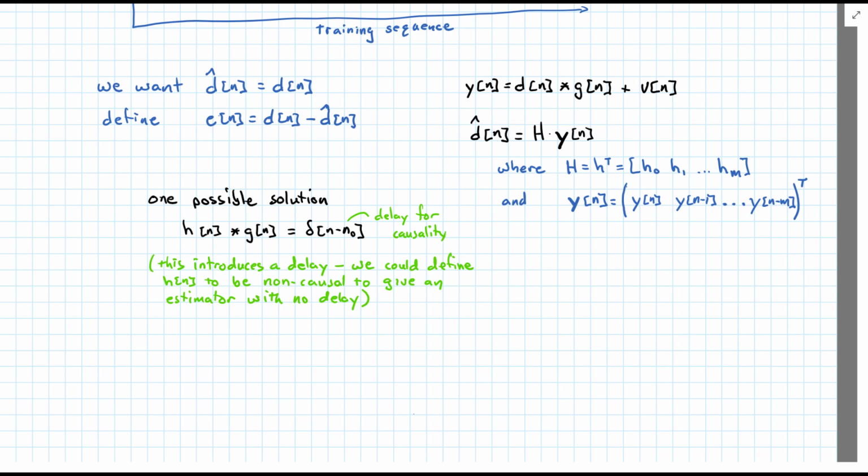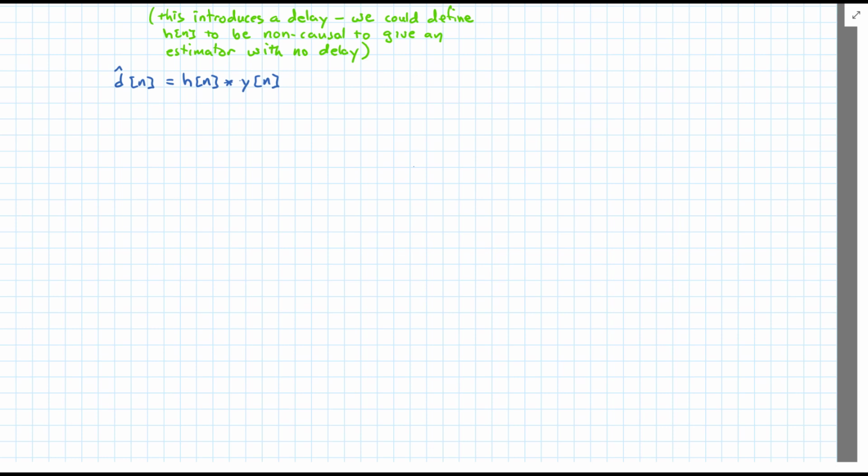Okay, so now if we had this solution where h of n convolved with g was equal to delta, we would get d hat is equal to h of n convolved with y of n. And we can expand that out: h of n convolved with g of n convolved with d of n.